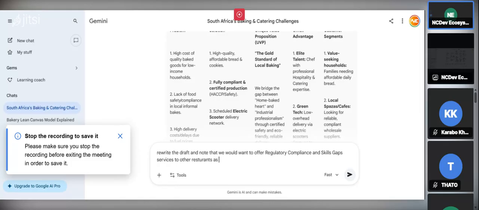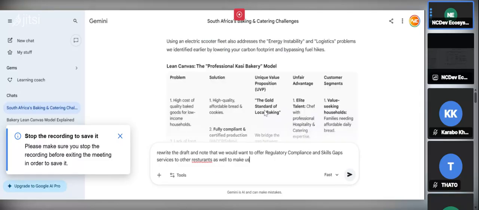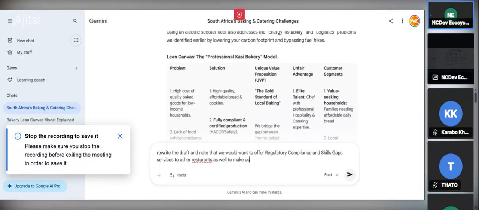restaurants as well. Because what we will do is we'll look like a bakery, but our business model would not be a bakery, because we would actually be much more a consulting or skills organization.